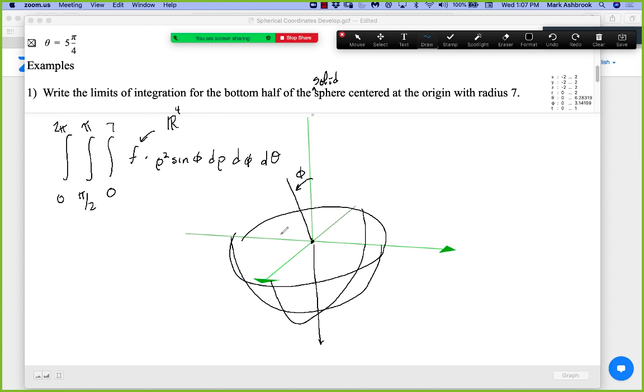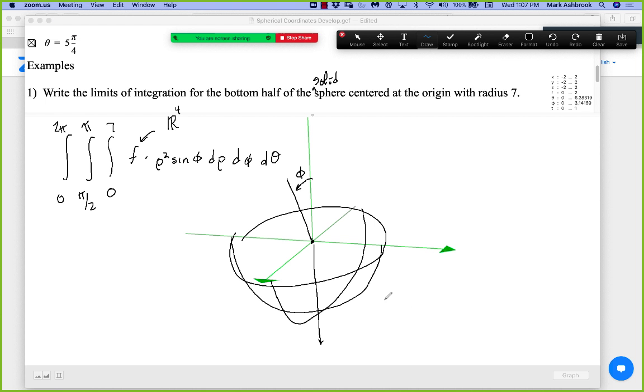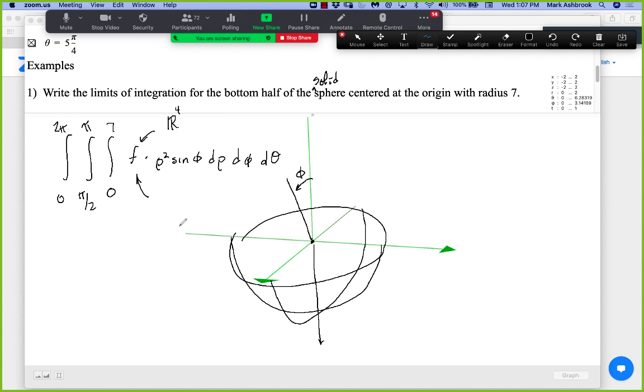But what if we wanted to use this triple integral just to find the volume of our solid? If you made the function 1.